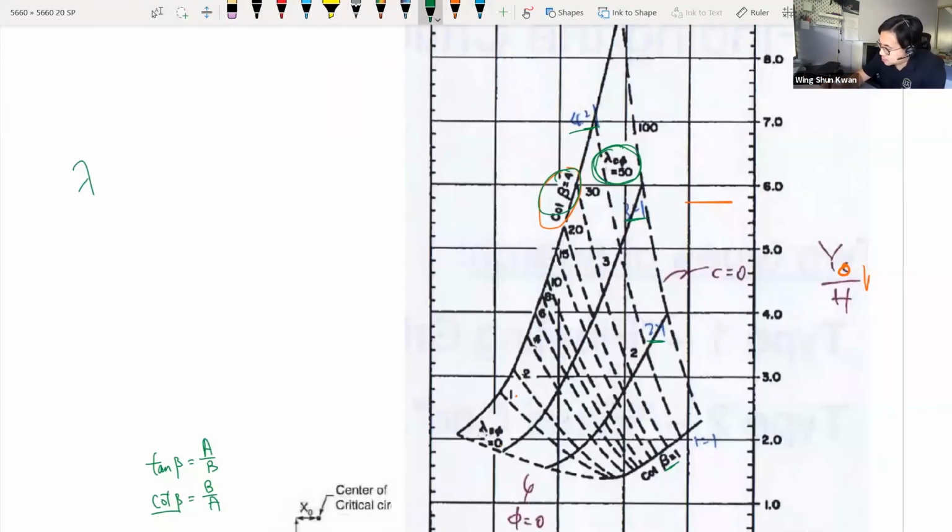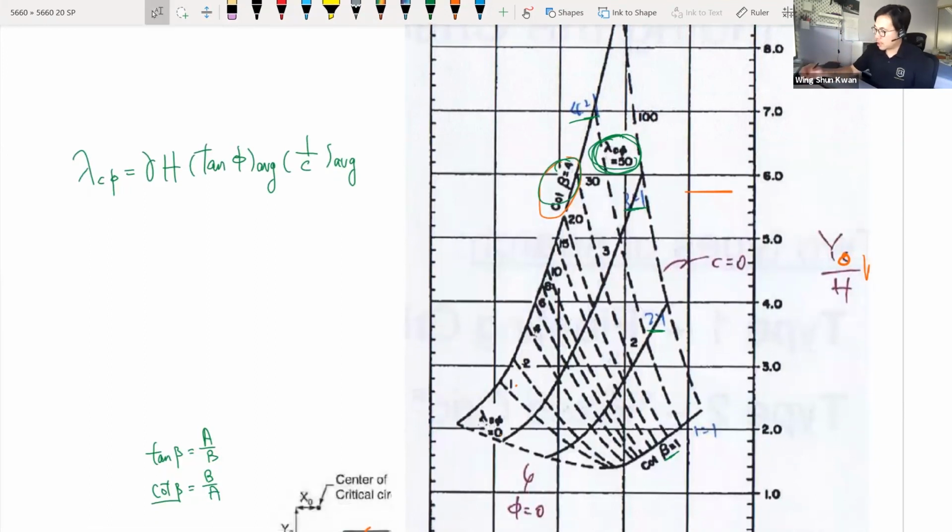So lambda C phi is calculated from this formula. So I take it back, sorry. The dashed line is not just the friction angle; it's also the cohesion. So you need to calculate this dashed line with this formula. This is the procedure that they recommend.